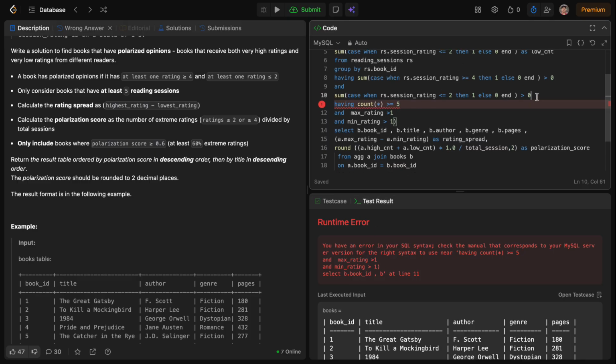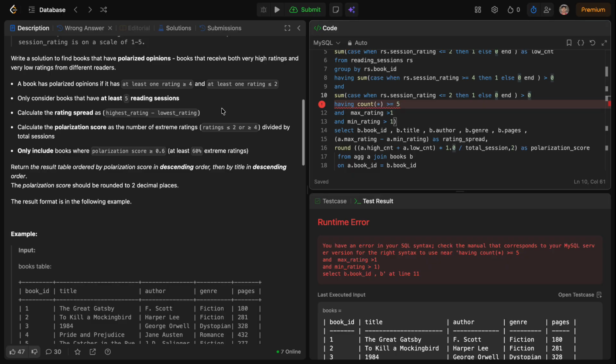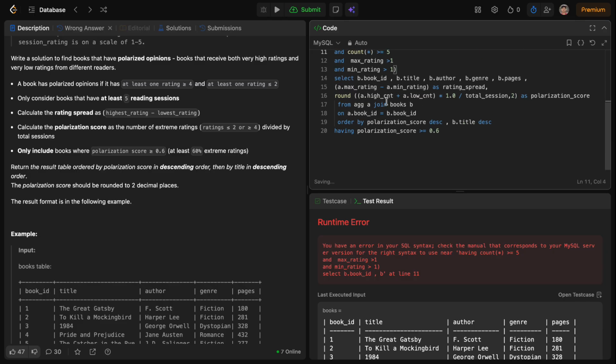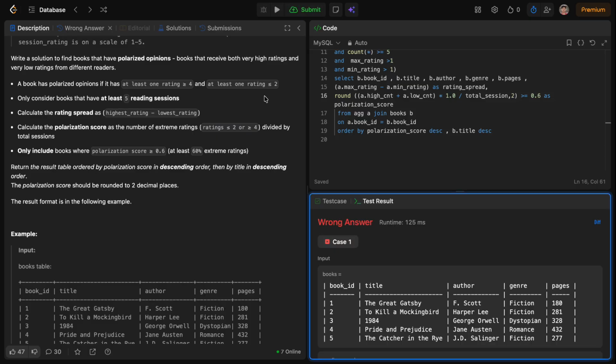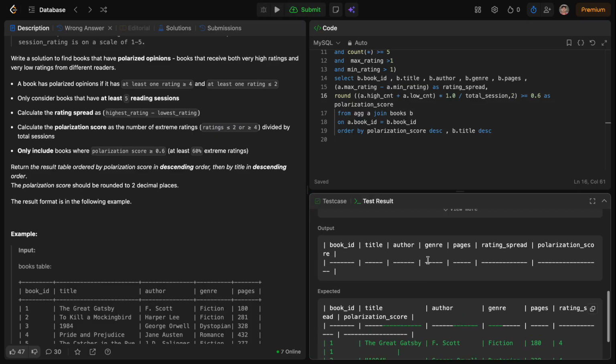Okay, some case, let's see. Okay, so the thing is, using HAVING here, we can use ROUND, this should be greater than or equal to 0.6, we can use it directly. So now run this and check what it returns. Is there still any issue further? Okay, what is the issue? Nothing.